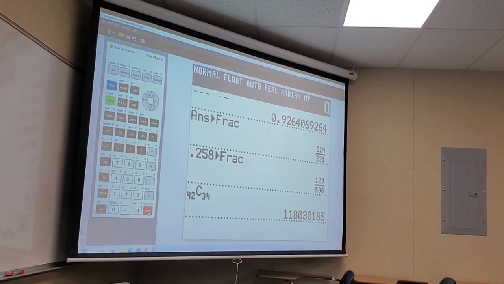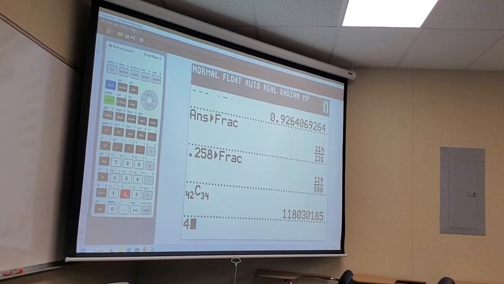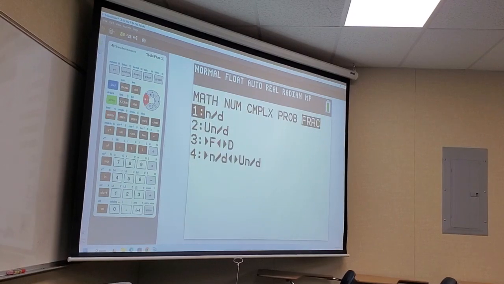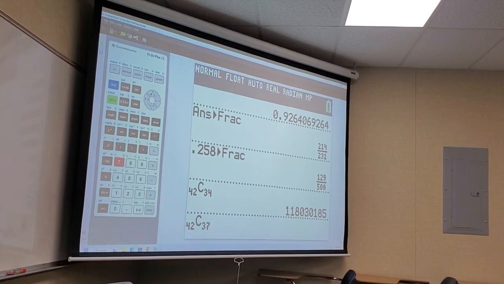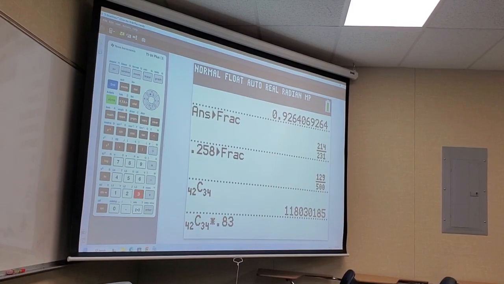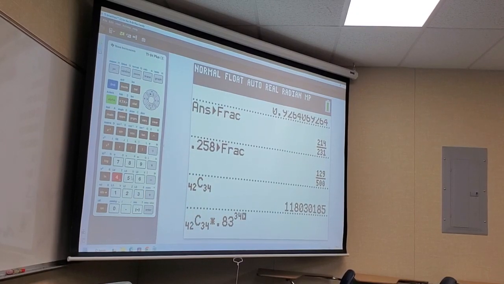So let's see. I could put this whole thing in at once. 42, math, probability, choose, 34. Hit the over arrow to come back up, times 0.83 to the 34th.